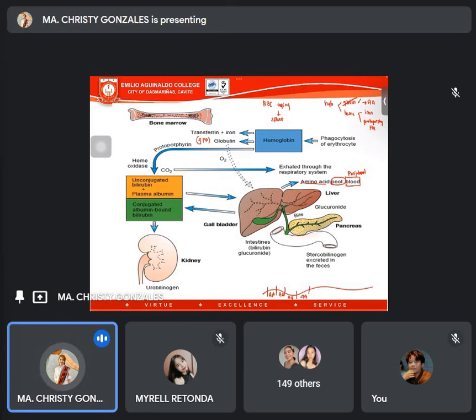What about iron? So, as you've mentioned earlier, iron is commonly recycled, going back into the bone marrow or cells needing iron. So, majority of it will be transported by transferrin. This is a protein, a transport protein to your bone marrow. So, why bone marrow?